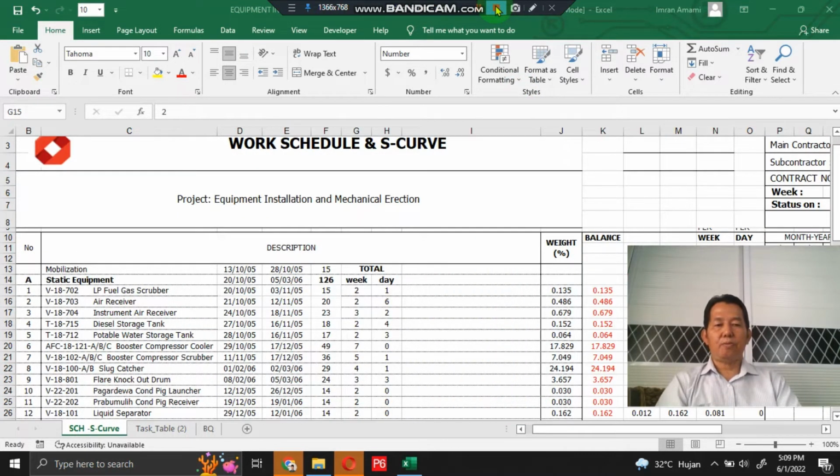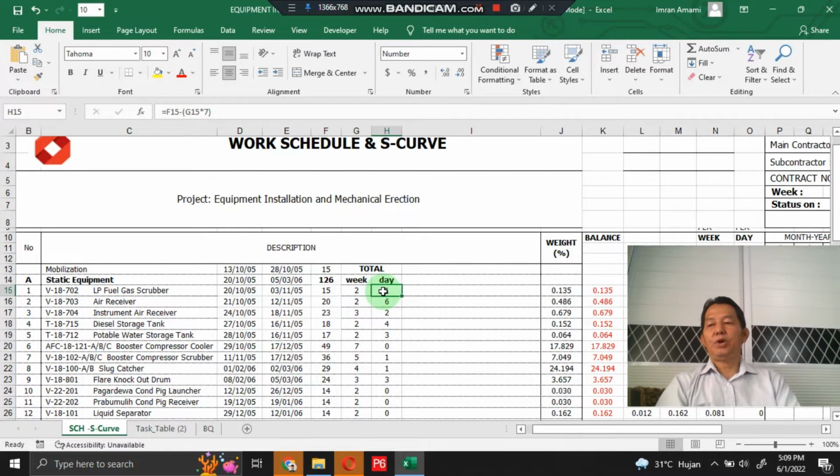Next, for more details, let's move on to the work schedule and S-curve worksheet. In this section, I make a schedule on a weekly basis, so I make a weekly work schedule, then I make the rest per day.